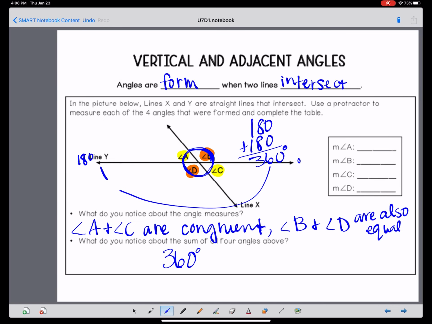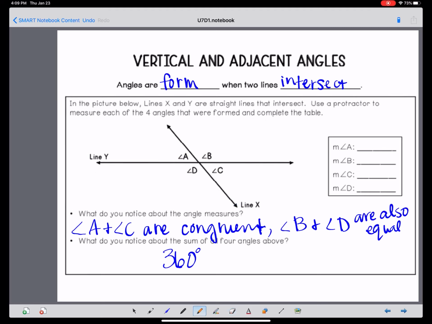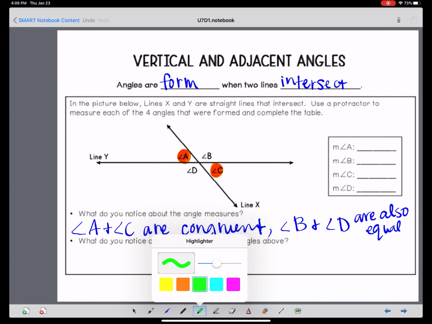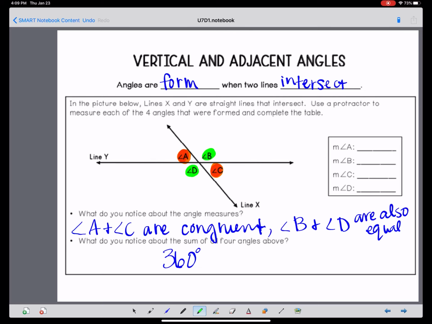Opposite angles would be like angle A and C. We call those vertical angles because they are opposite of each other. Also, angles D and B are opposite of each other. We call those vertical angles as well.